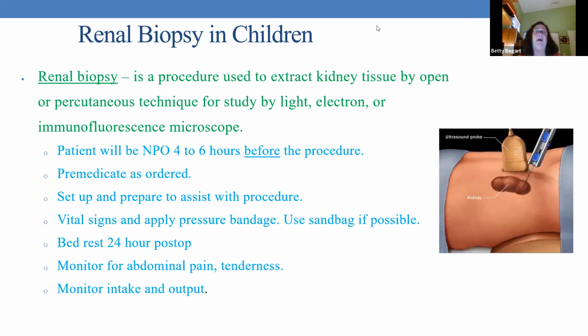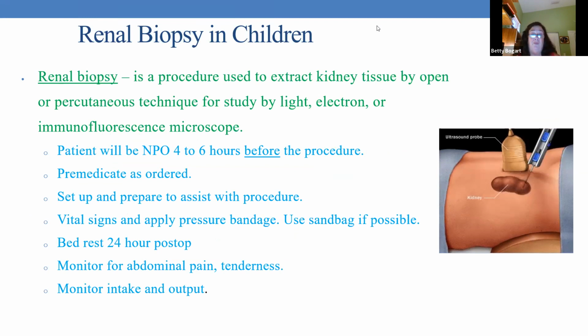A renal biopsy sometimes is done when you have chronic pyelonephritis all the time, or constant urinary tract infections, and they'll do a biopsy. Now, this is very similar post-op care, almost like cardiac catheterizations.